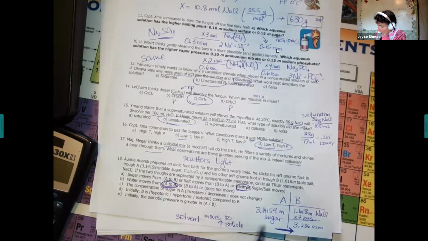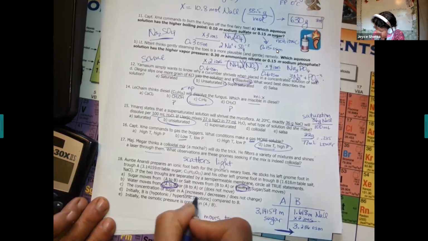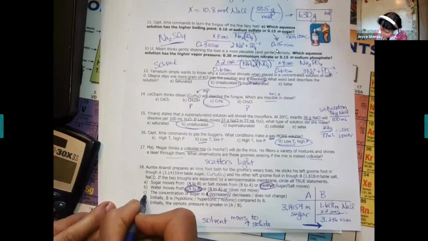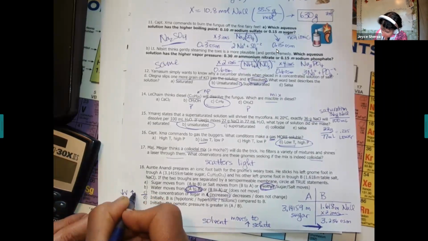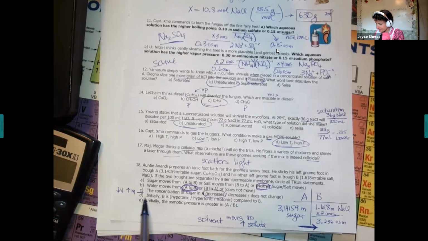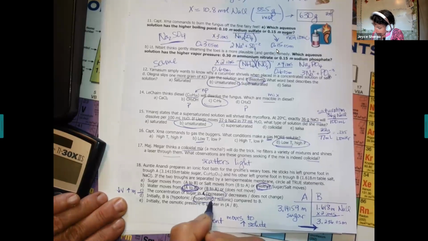All right, so when the water moves over there, this side has less volume, so the concentration is going to increase. Does that make sense? So for C, as you decrease the volume, you're going to increase the concentration. On question D, initially B is a higher concentration, so B is hyper.